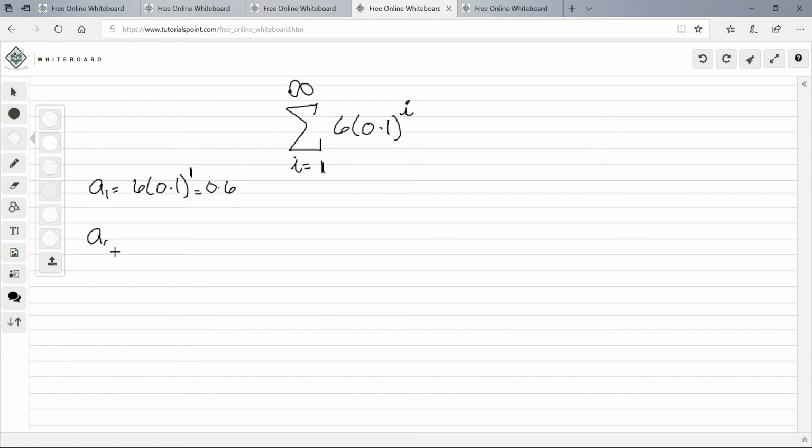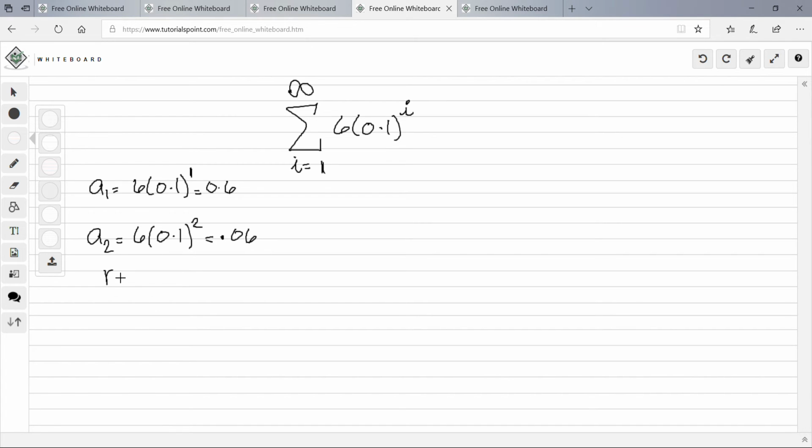The second term is 6 times 0.1 squared, and that should give us 0.6 as well. No, it's 0.06. They're not the same thing.